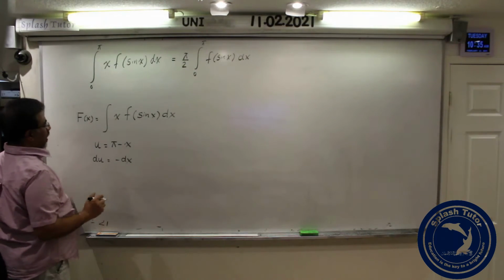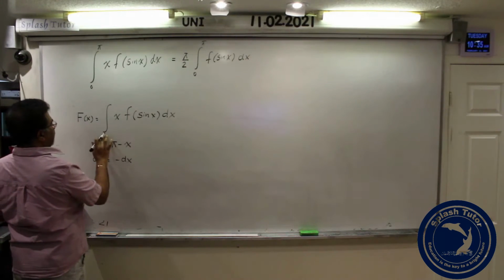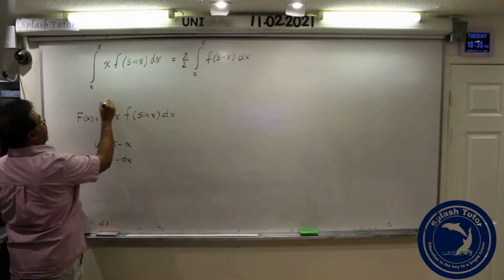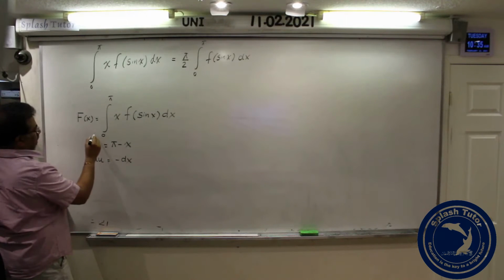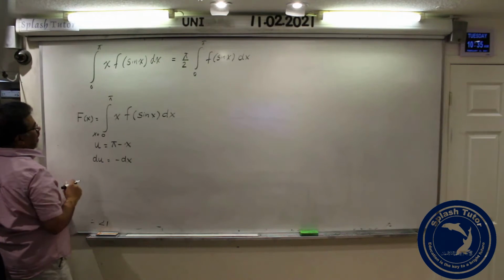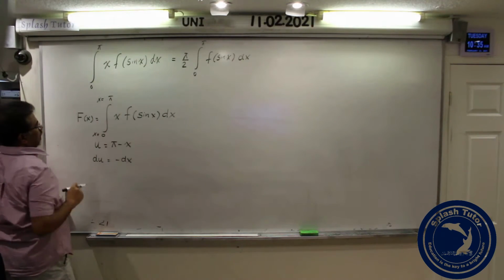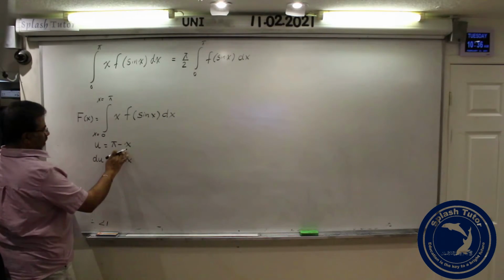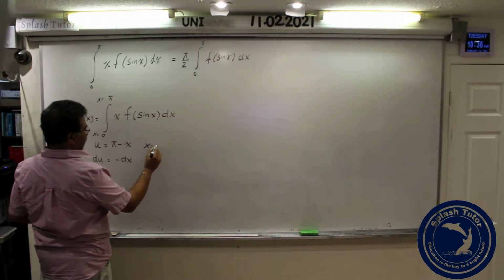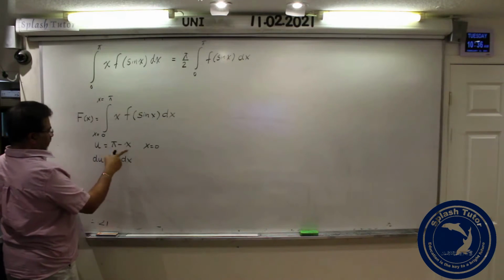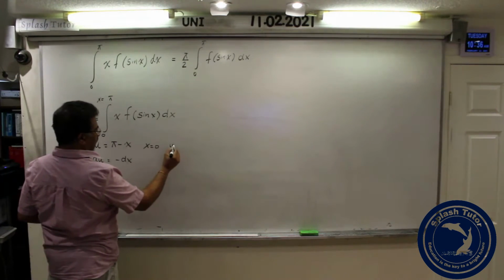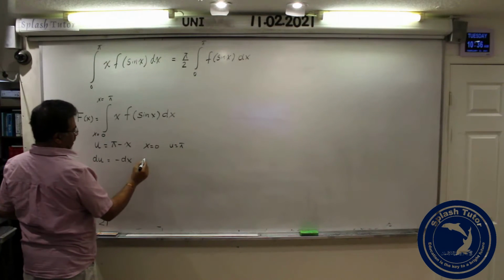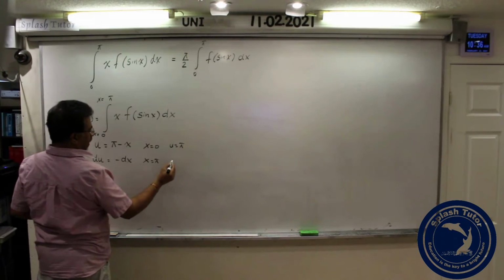Right? Now this is also 0 to pi. In this case, x goes from 0 to pi. Now if you plug 0 here, x equal to 0, then u is equal to pi, and x equal to pi gives u equal to 0.